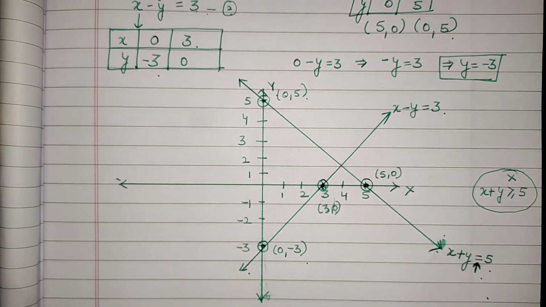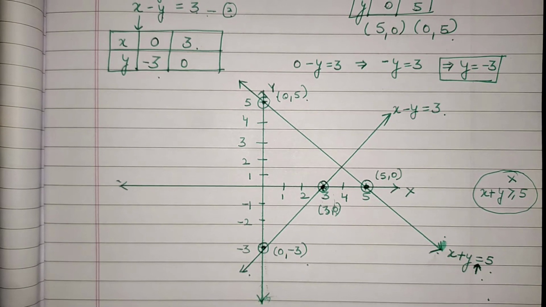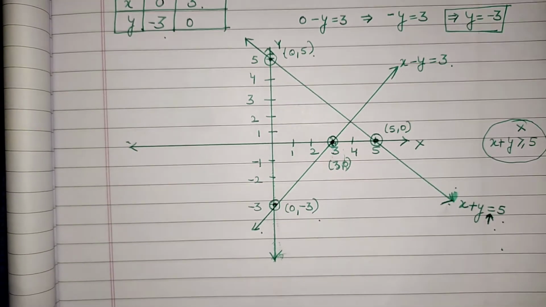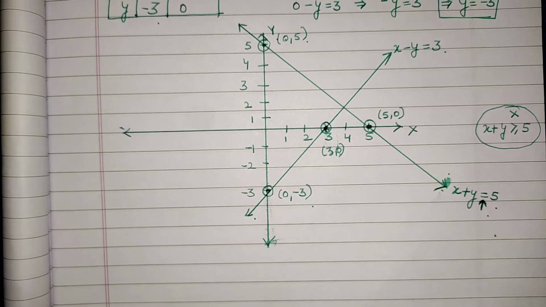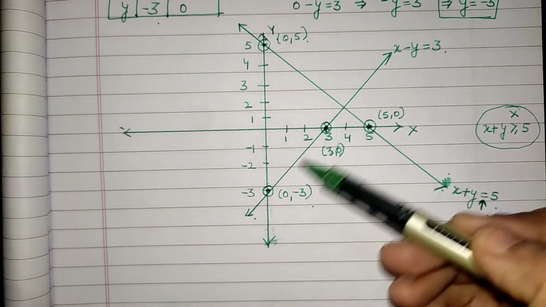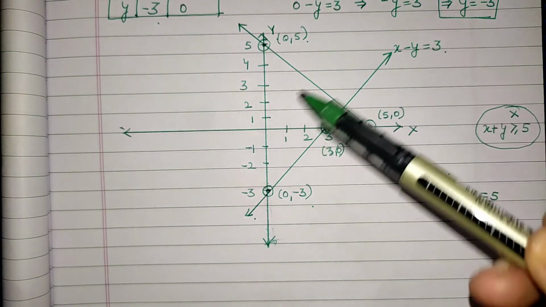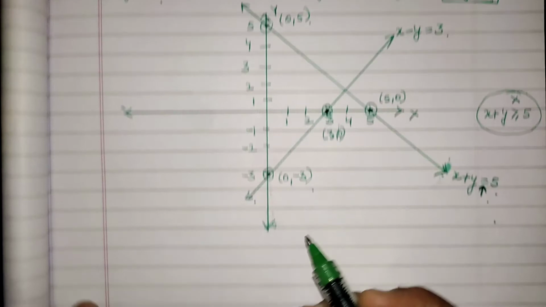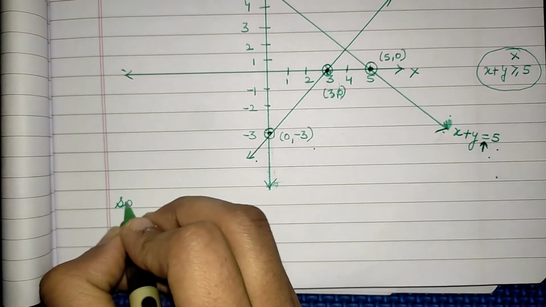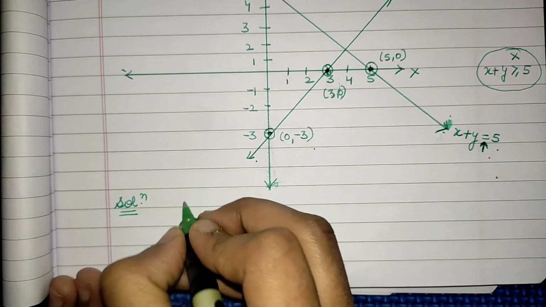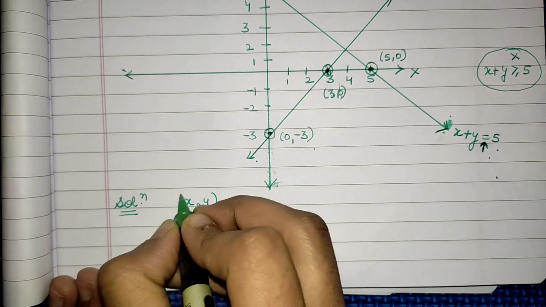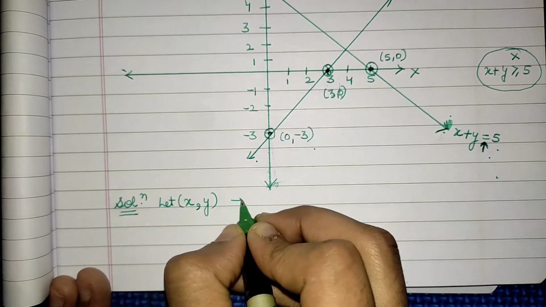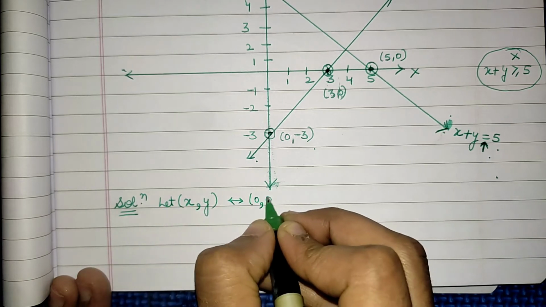Okay, so what we were doing in the previous video, when only a single inequality was given to us, is that first we were finding the points of that line, then plotting that line on the graph, and then to find the solution, we imagine that both x and y are equal to 0.